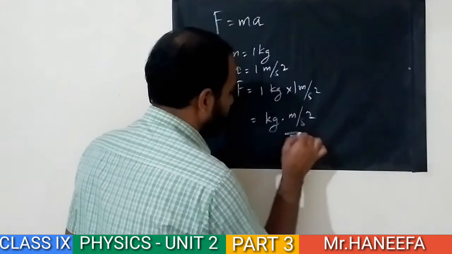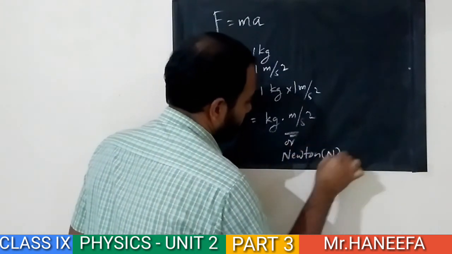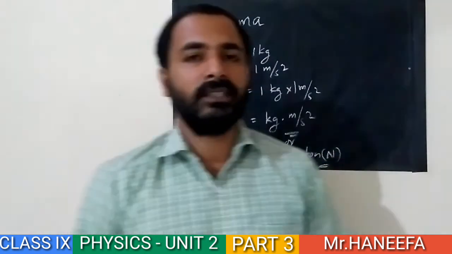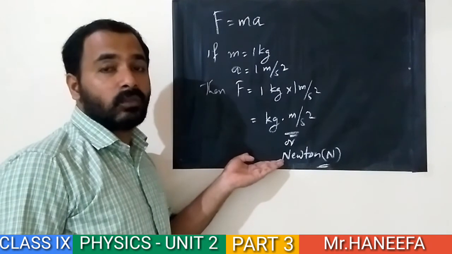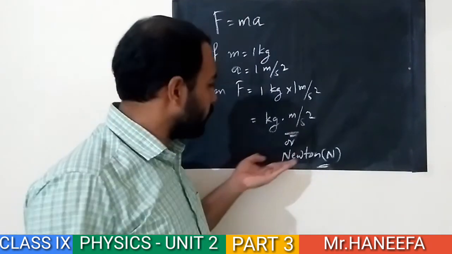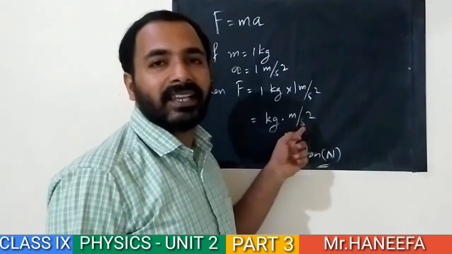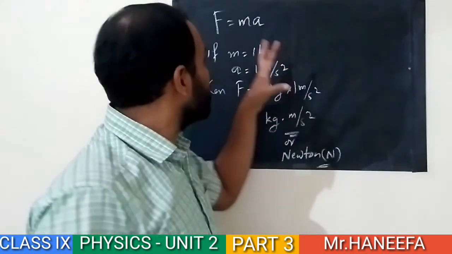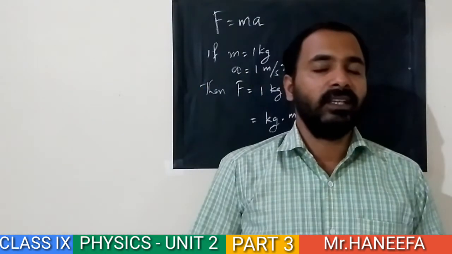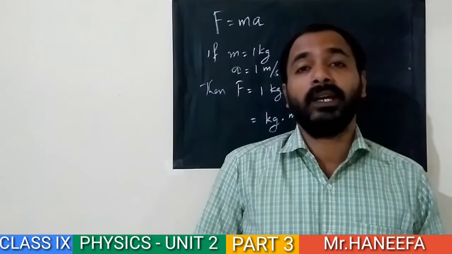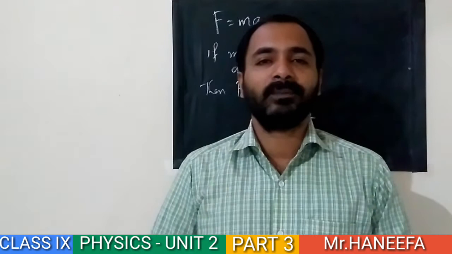It is called Newton. What is the unit of force? The unit of force is Newton, or kilogram meter per second square. Okay, this force unit is named after Sir Isaac Newton. Hence, the unit of force is Newton.